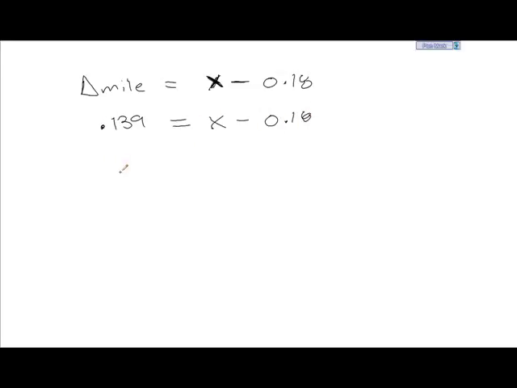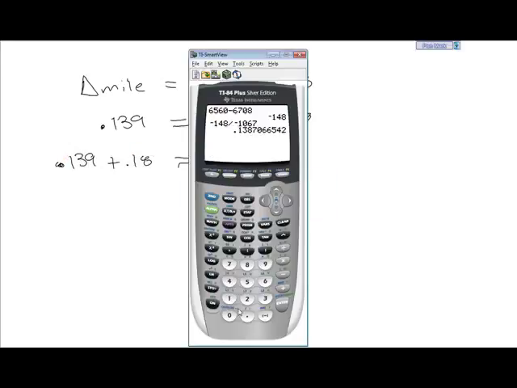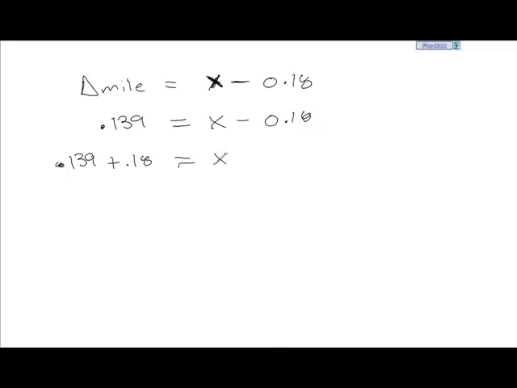That means that x must be this number plus 0.139, and 0.139 plus 0.18 is equal to 0.319.